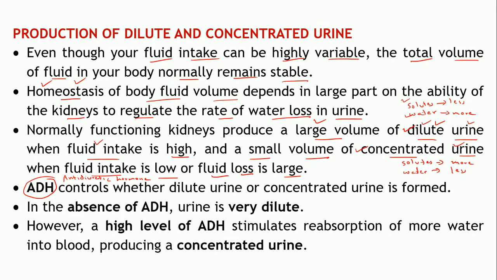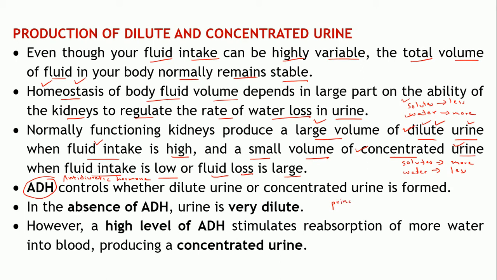So it controls mainly the loss of water. The levels of ADH will decide whether more water or less water will be lost from the body. Why? Because there are certain cells called principal cells in the late distal tubule and the collecting ducts which are sensitive towards this ADH, right?